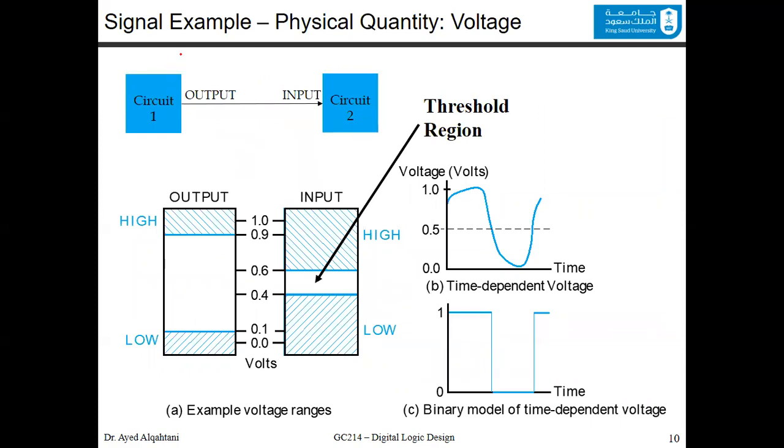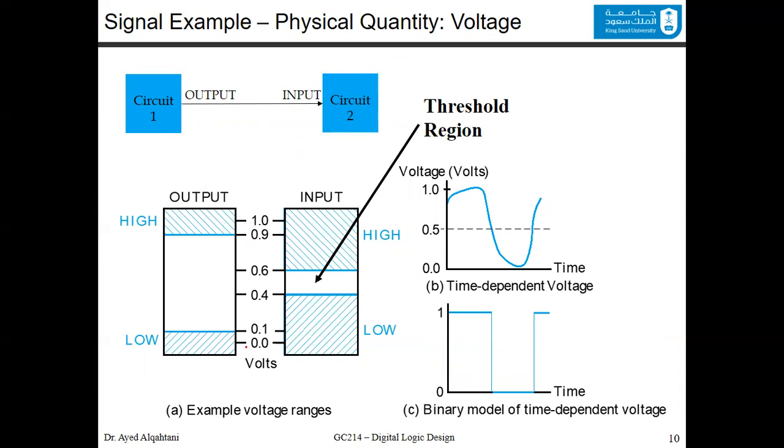Also, as a signal example, we want to discuss the physical quantity or the voltage. You can see we have two circuits, circuit 1 and circuit 2, and we assume there is an output coming out of circuit 1 going to circuit 2 as input. This output ranges from 0 volt to 1 volt.